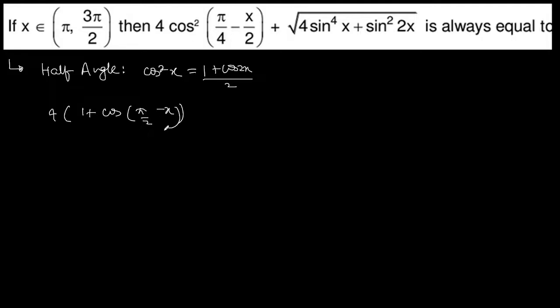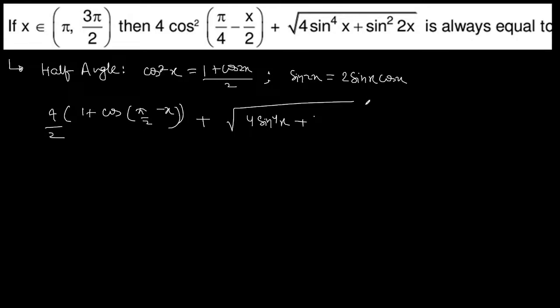Plus 4 sin power 4 x. We know this also: sin 2x is equal to 2 sin x cos x.